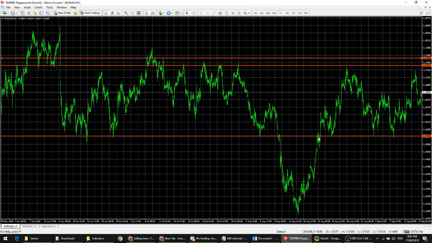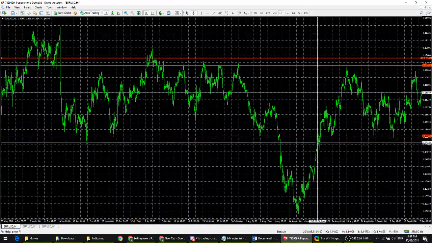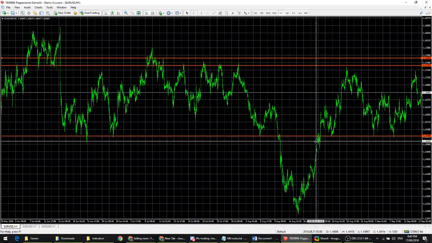And then it's recovered, and again, it's hit this point here, and it has resisted going straight through it. Like, this was quite a strong move up, and then it's got a bit busy here trying to break through.